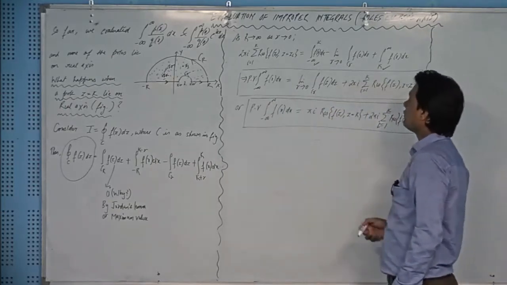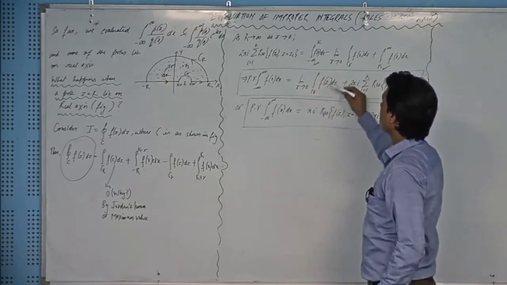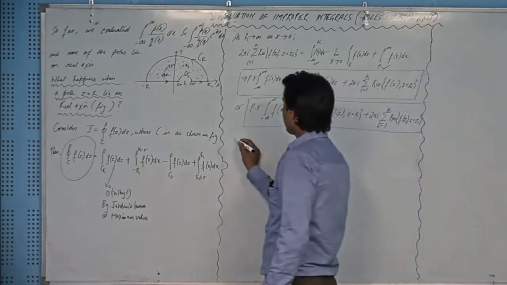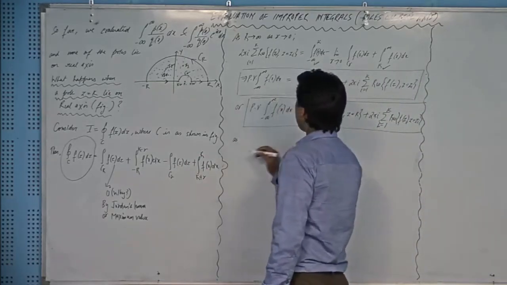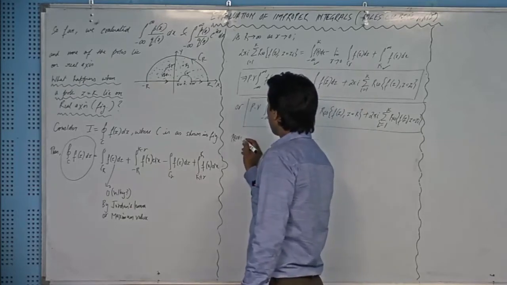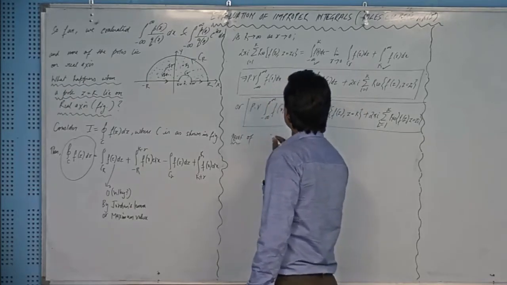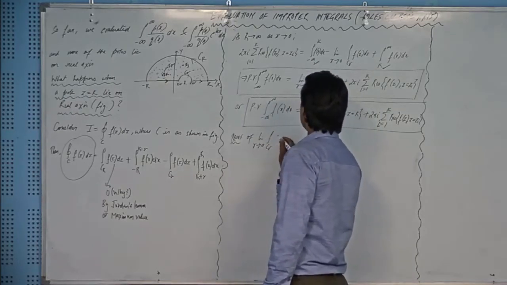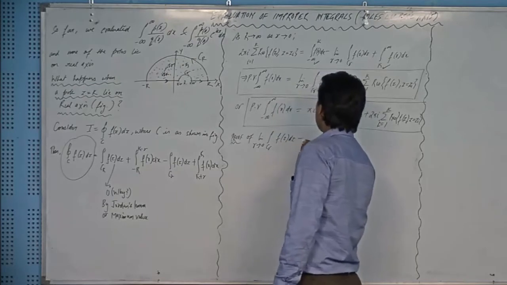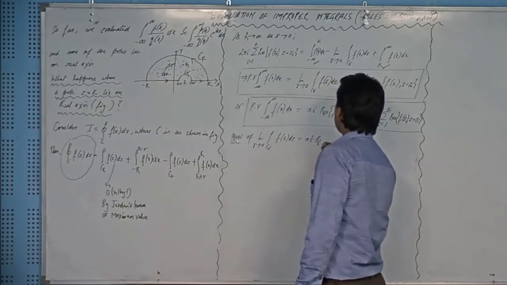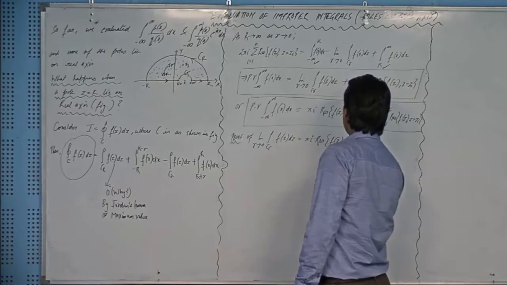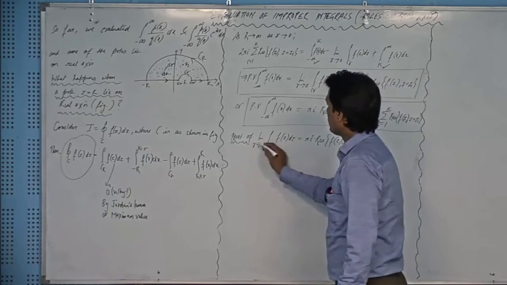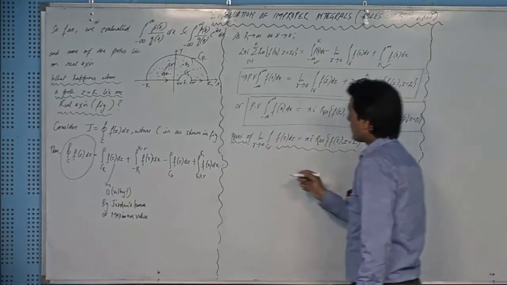I will give a proof of why the value of this integral is equal to that much. The proof of this: limit r tends to 0 of the integral over Cr of f(z) dz is equal to pi i times the residue of f(z) evaluated at z equal to k. The proof goes like this.